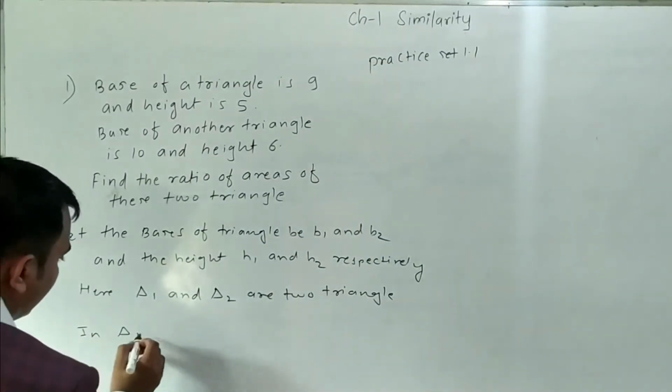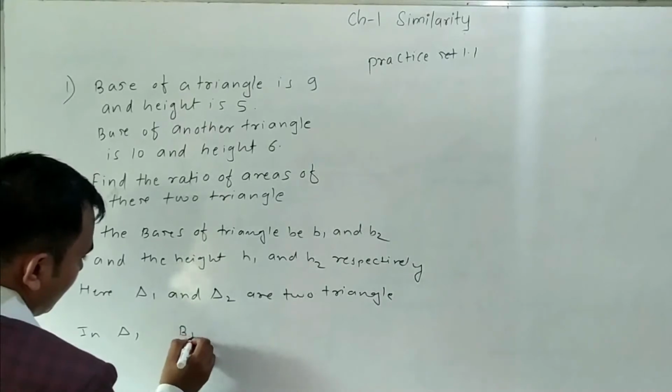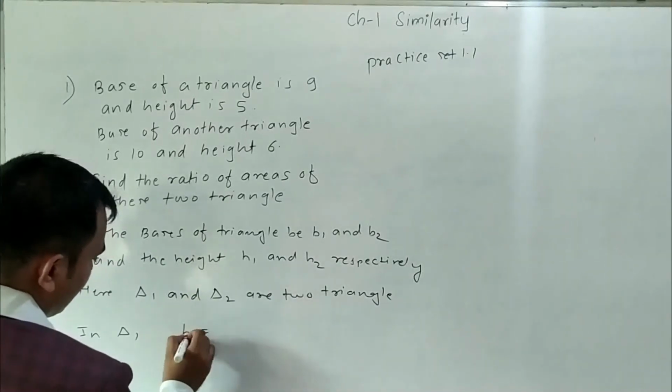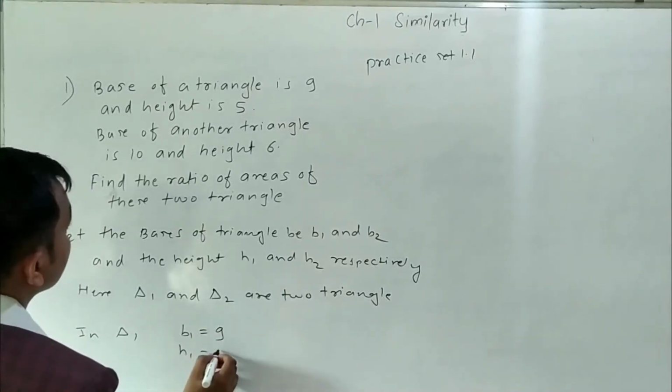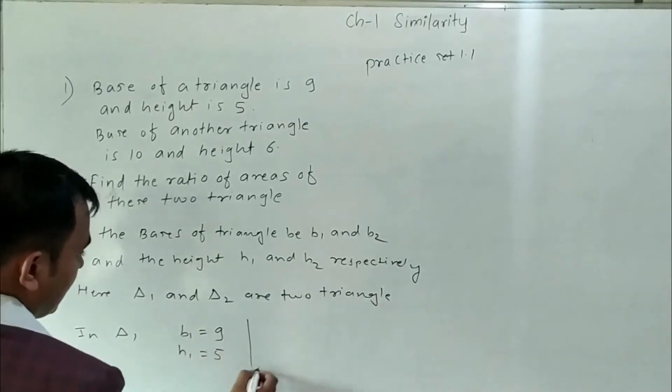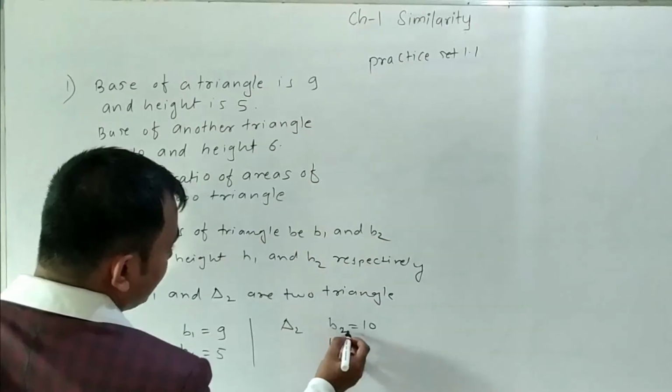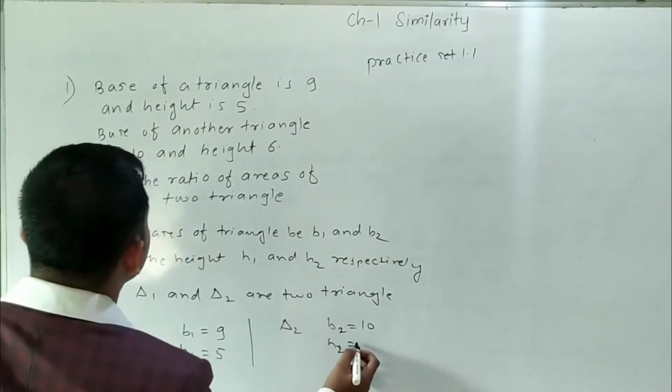In triangle 1, B1 is 9 and H1 is 5. Triangle 2, B2 is 10 and H2 is 6.